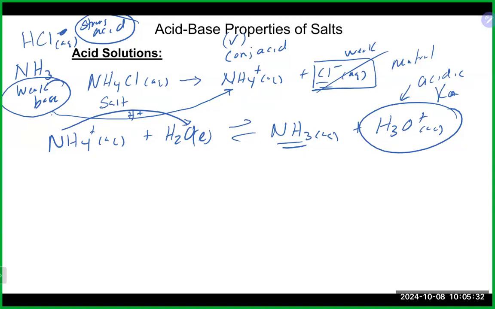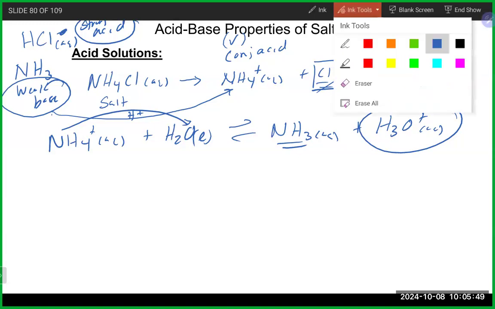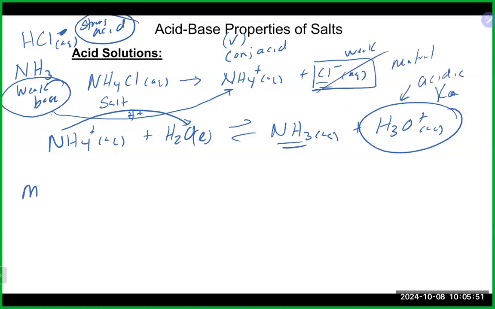Now, there is also another way that you can create an acidic salt, and there are certain metals that are highly positively charged, a lot of times +2, +3, etc., that actually can go through hydrolysis.